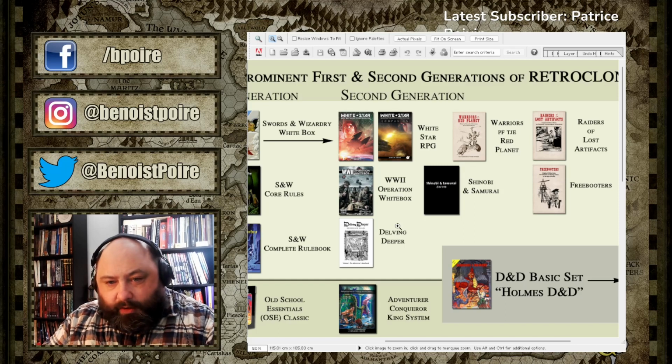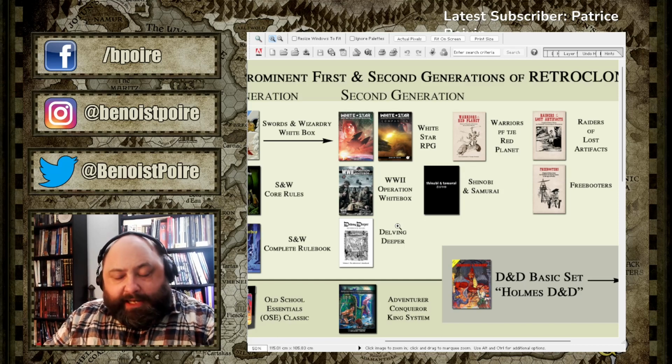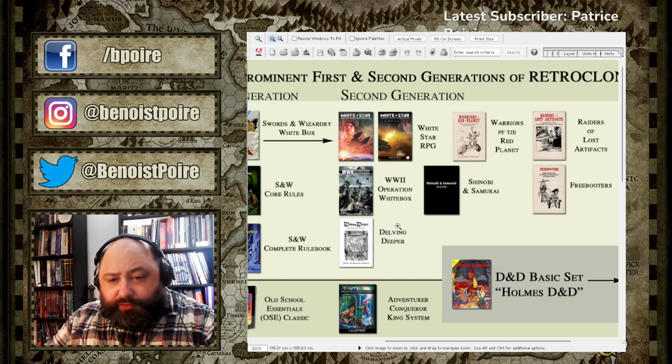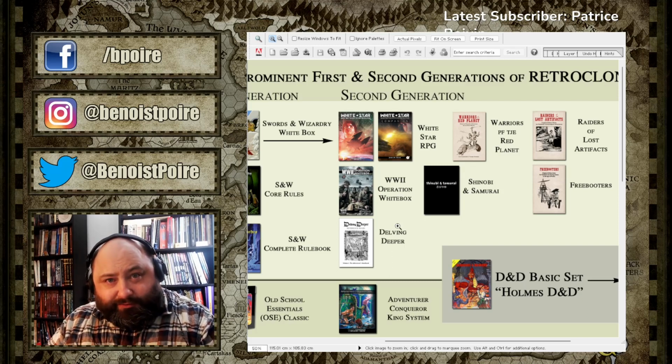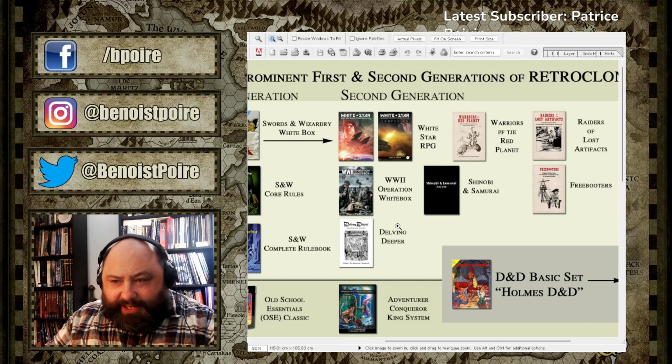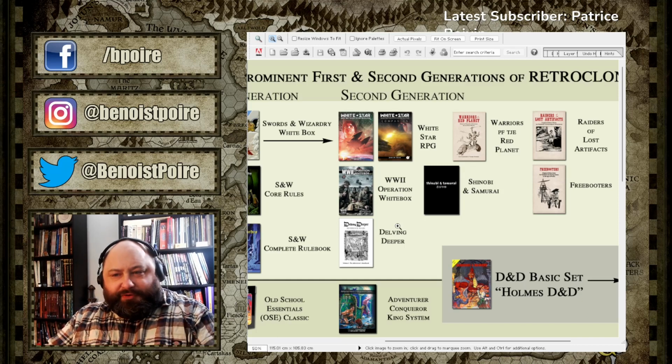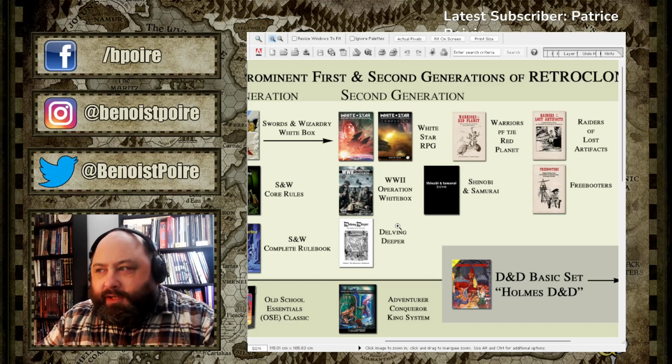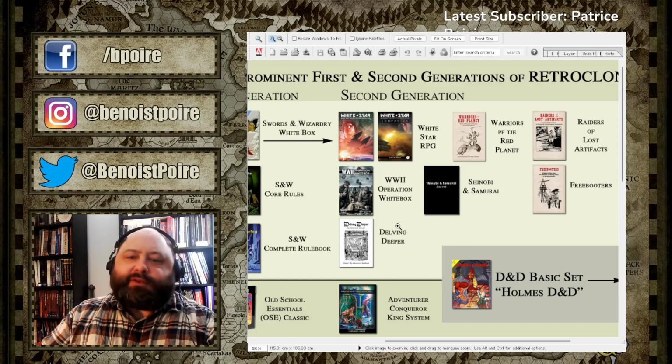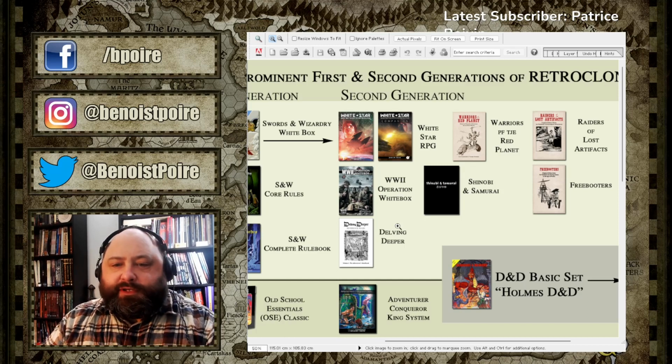Okay. Operation White Box, that's the rules of the game used for World War II type operations on the field, with very light rules, concentrating on the feel of the battlefield and what's going on in the imaginary world.